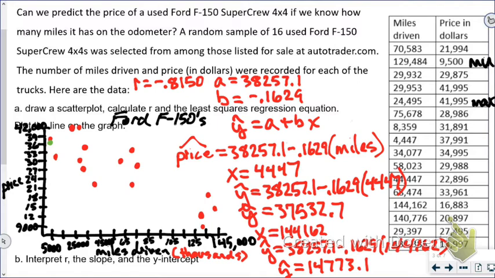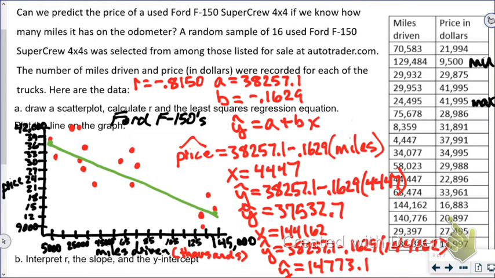So I don't know, that's probably still too far under it, but that works. And then the other is 144 and 14,000. So that's about right there, I believe. Yeah. And then connect the two green dots. And that's our least squares equation.